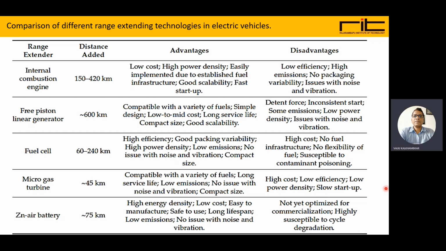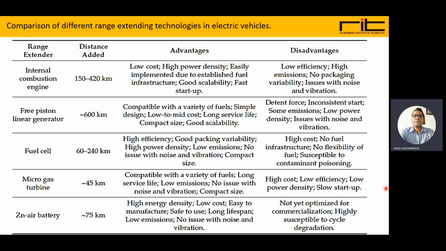The second is the free piston linear generator, which is more efficient as compared to the IC engine range extender. The distance added or range extended can be in the range of 600 kilometer. Advantages are that it is compatible with a variety of fuels, so you can use any kind of fuels.